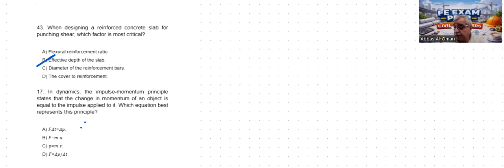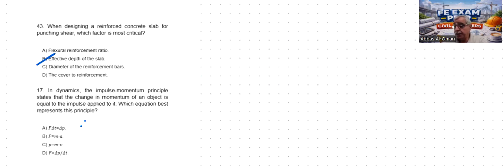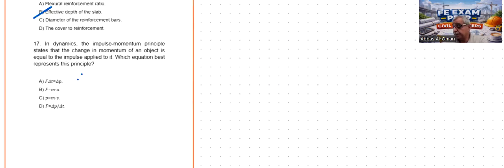Next question. In dynamics, the impulse momentum principle states that change in momentum of an object is equal to the impulse applied to it. So change of momentum is equivalent to the impulse, or rate of change of momentum is equivalent to the force.